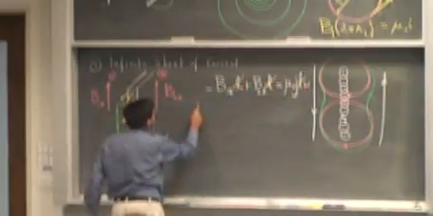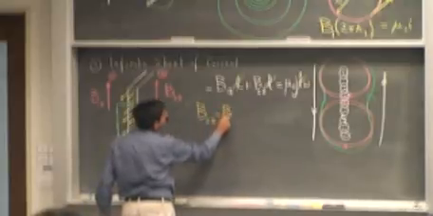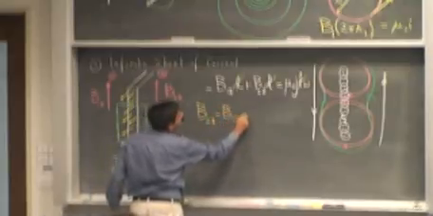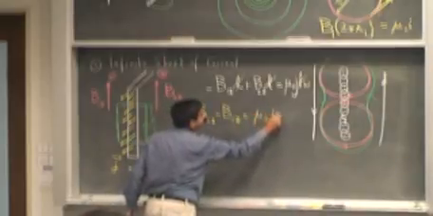I'm left with B2Z minus B1Z equals mu naught J into width.